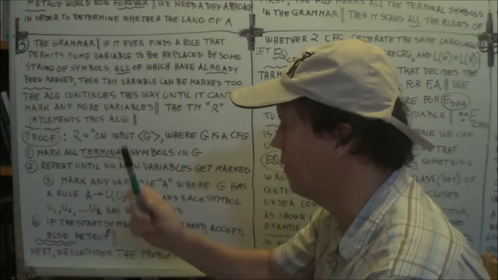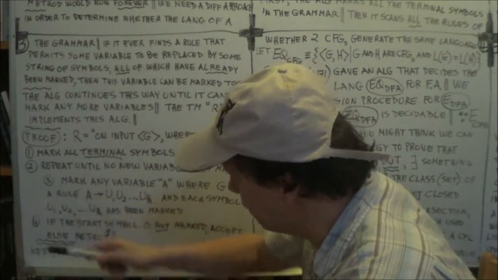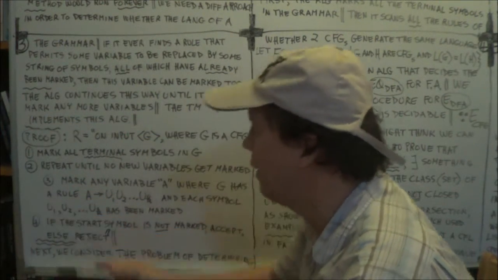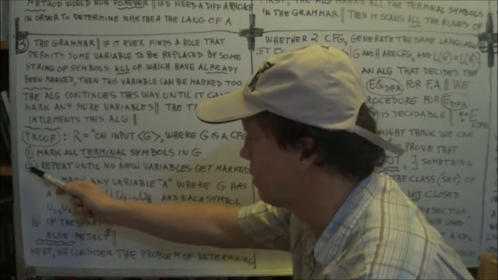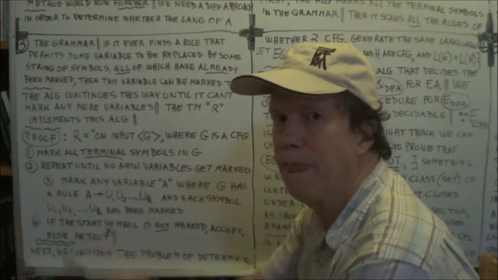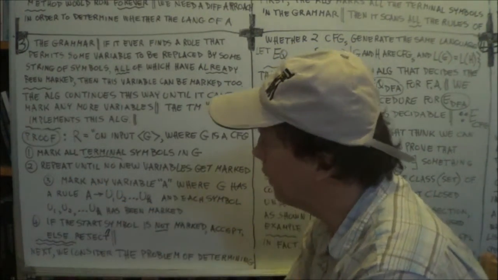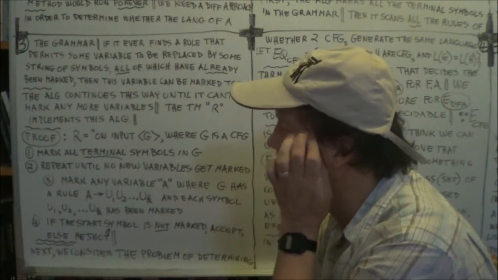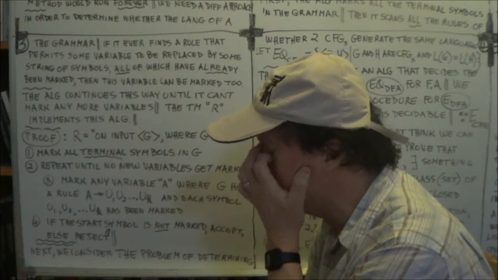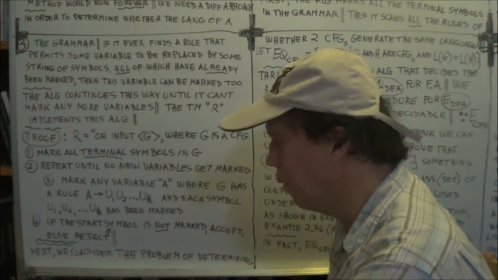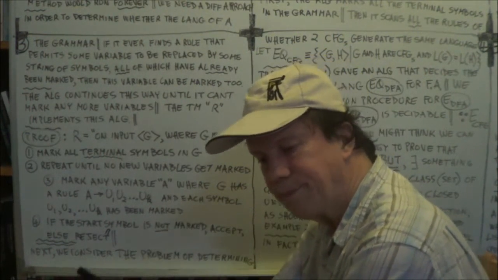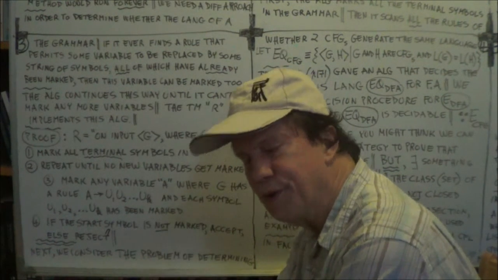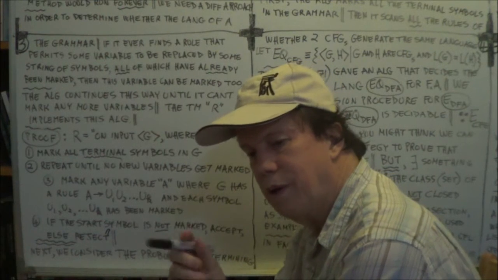Anyway, okay, so you put markers on all your terminals. That's your first step, and then you go through this loop. Now notice the indented spaces here on the left, and so this stage 2 is like an outer loop, and you're looping through this process, stage 3 if you like, this third thing, and what are you doing? Well, you're systematically looking. So you've got your rule set, all your rules, and let's number them.